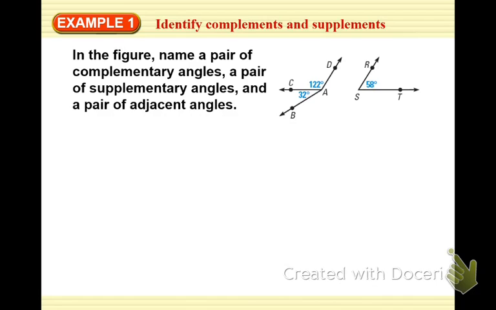All right? So quick example. In the figure, name a pair of complementary angles, a pair of supplementary angles, and a pair of adjacent angles. Looking at that.